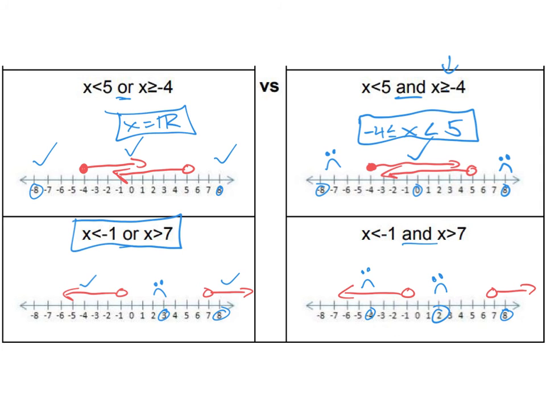If we look at that 8, that's going to be good for the greater than 7, but not less than negative 1. And because it says "and," all of these are frowny faces. So when you see all frowny faces, this is basically telling us there is no solution, because it is not possible to be less than a negative number and greater than that positive 7 all in the same problem.